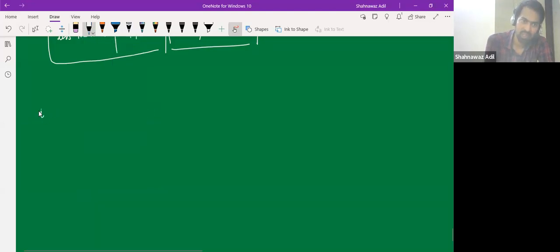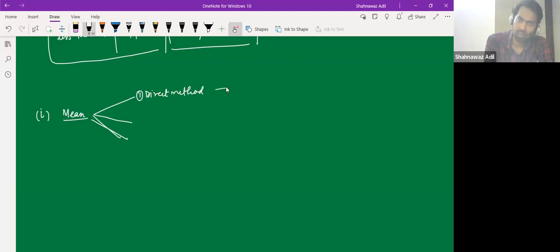We calculated the mean by three ways. First was the direct method, and this is what x bar is: summation of fi xi divided by summation of fi.